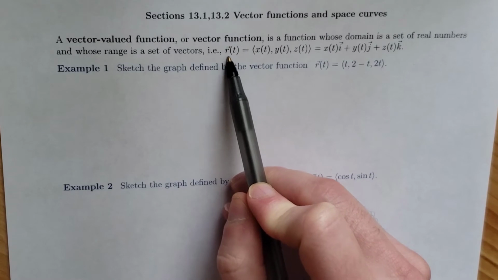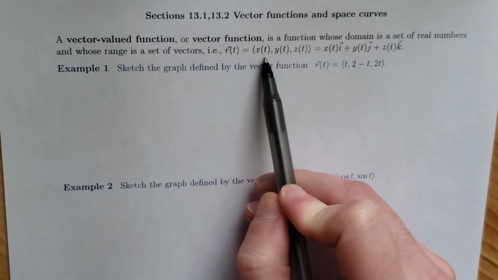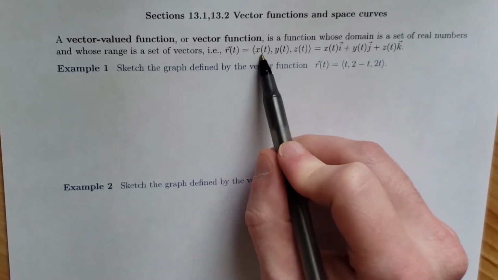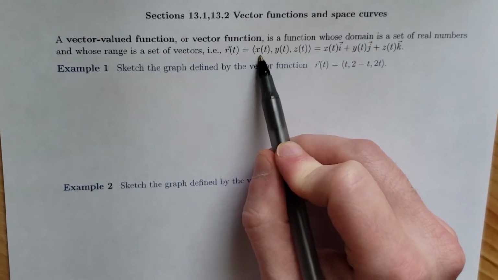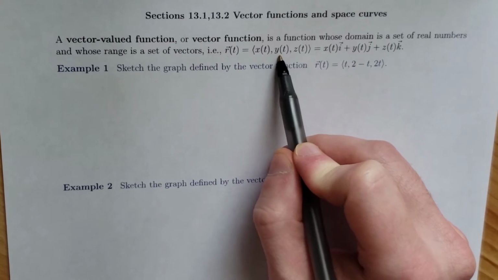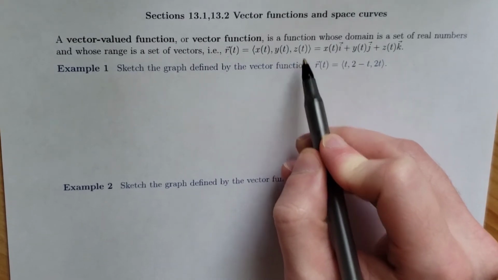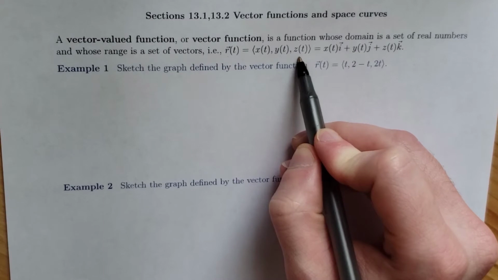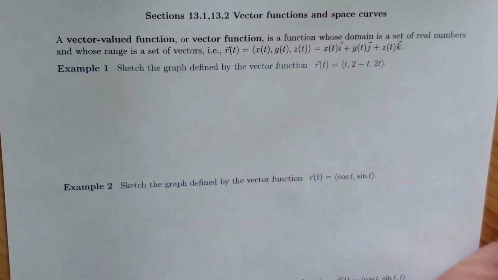So we get r of t is equal to some real valued function x of t in the first coordinate, a real valued function y of t in the second coordinate, and a real valued function z of t in the third coordinate.